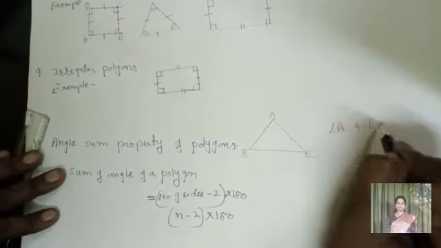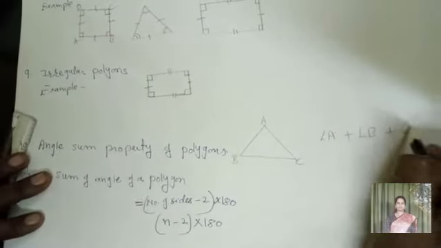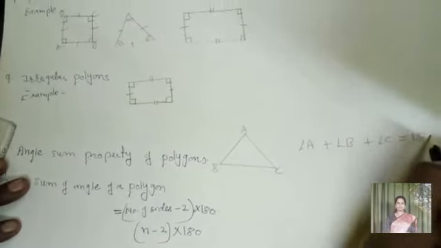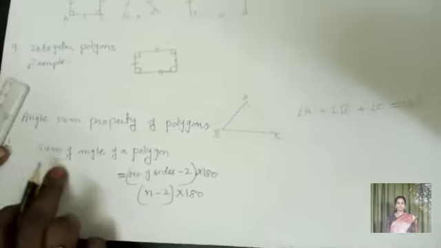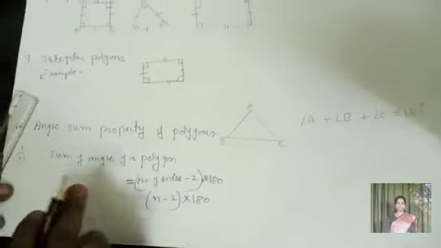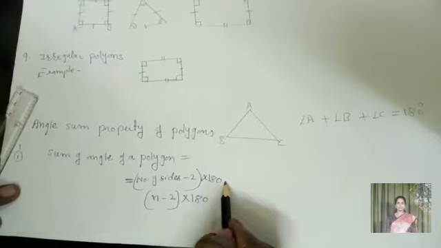Angle A plus angle B plus angle C, if we add, the sum is always equal to 180. But if we want to find the sum of angles of a polygon, then there is one standard formula, that is, number of sides minus 2 multiplied by 180.